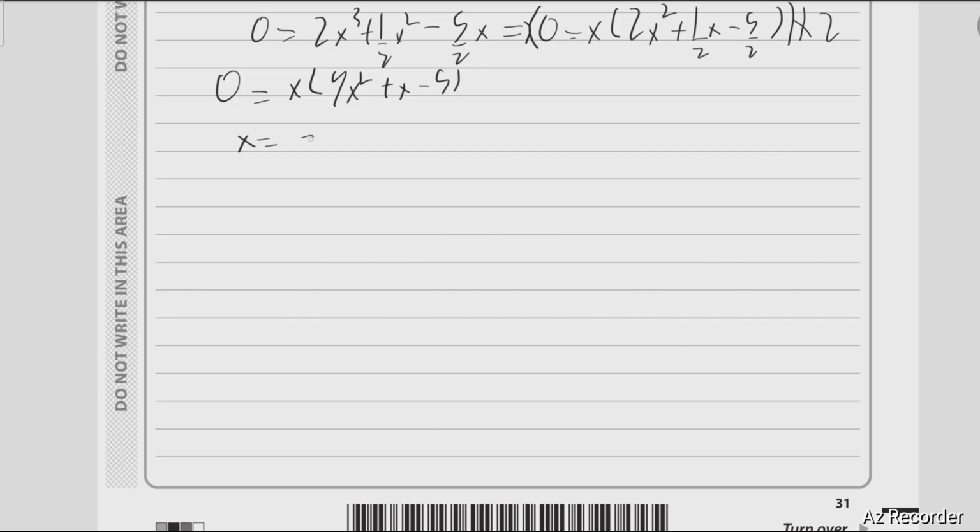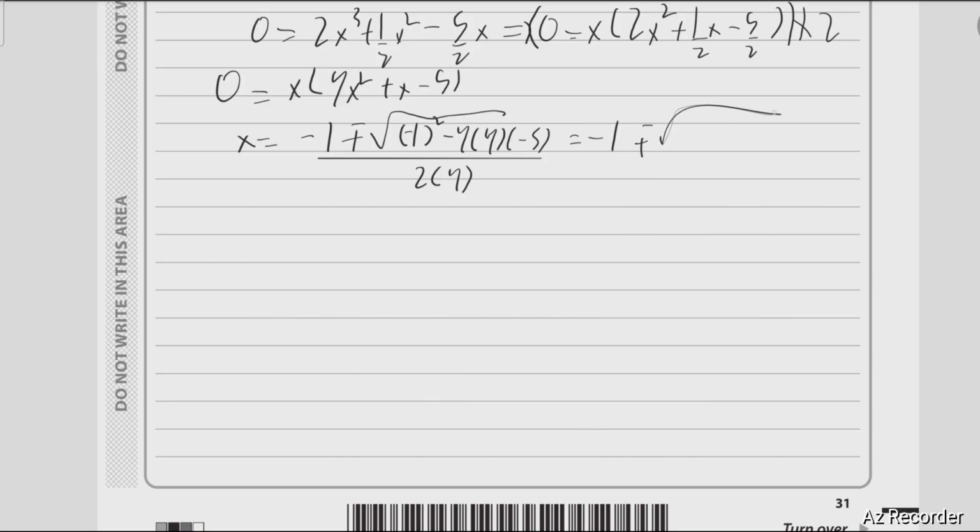Equal to negative 1 plus or minus root of 1 squared minus 4 times 4 times negative 5, over 2 times 4. 4 times 4 is 16, times 5 is 80, plus 1 is 81.